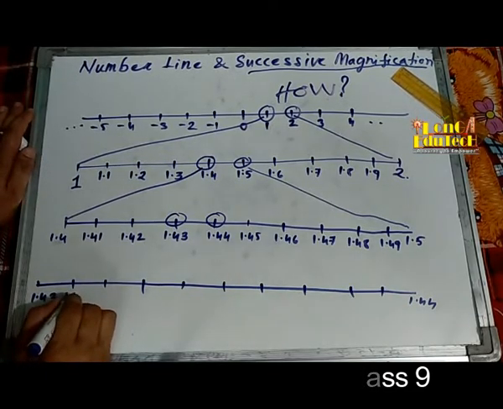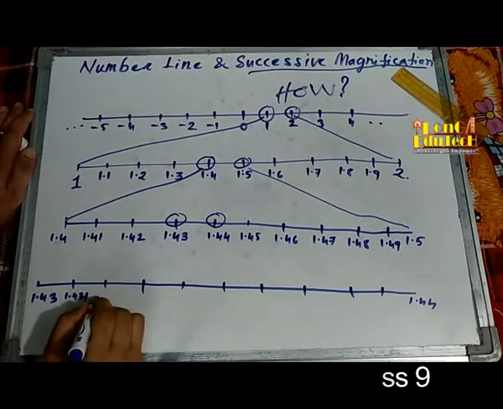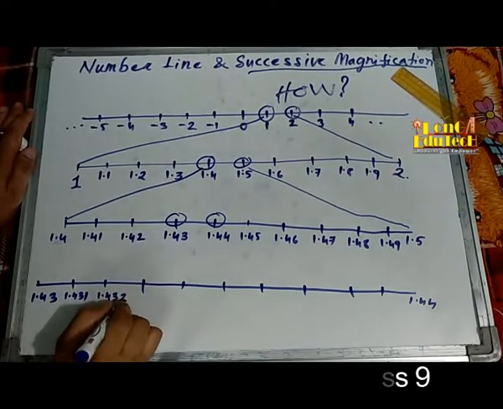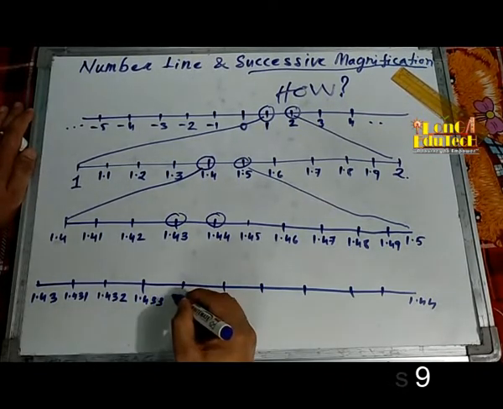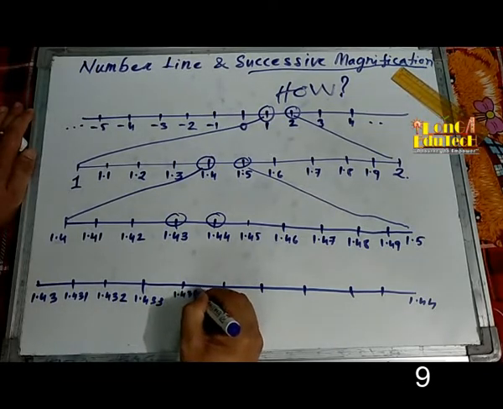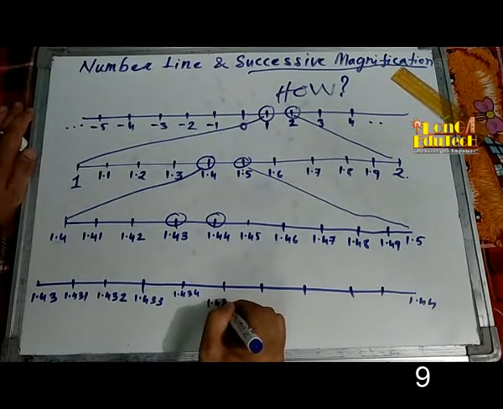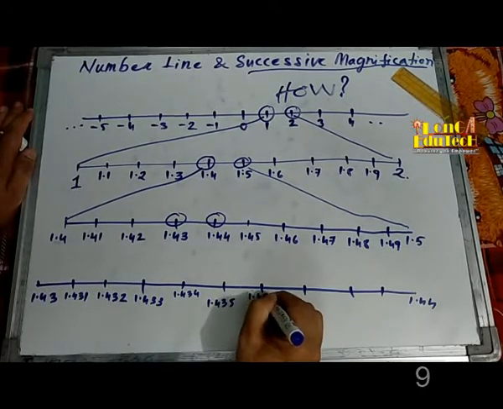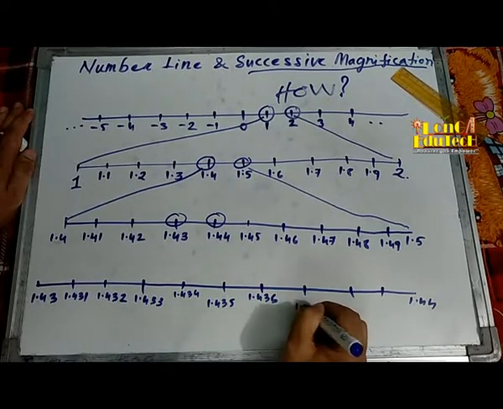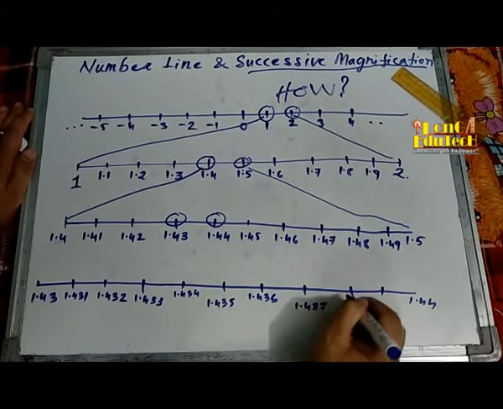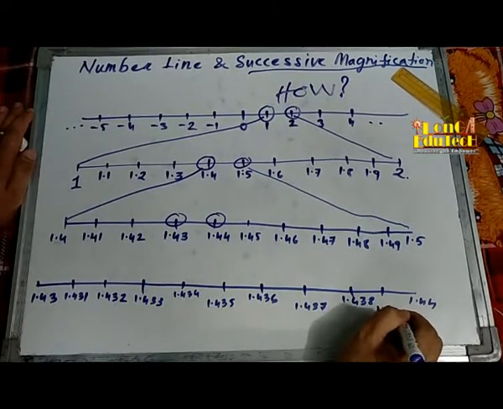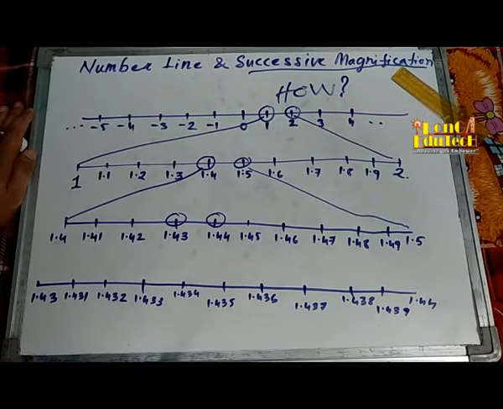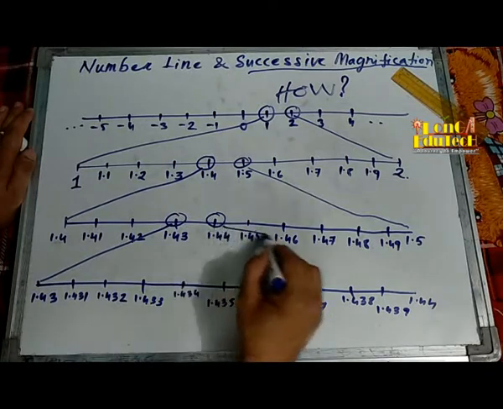Here will come 1.431, 1.432, 1.433, 1.434, 1.435, 1.436, 1.437, 1.438 and 1.439. After 39, it comes to 1.44. So this is also a successive magnification.